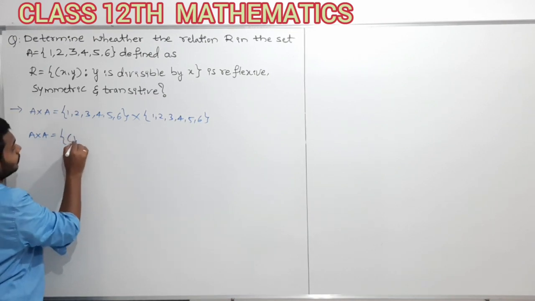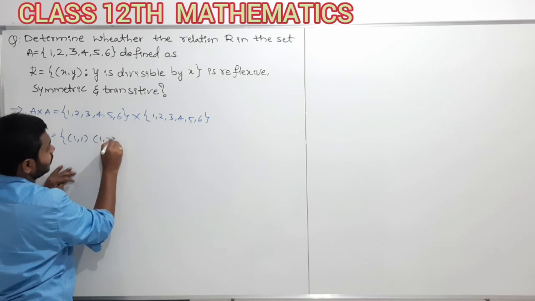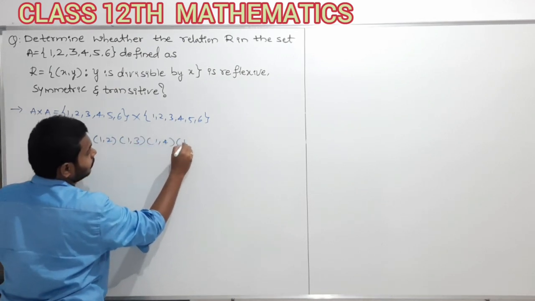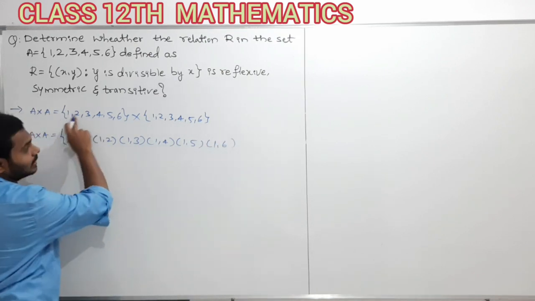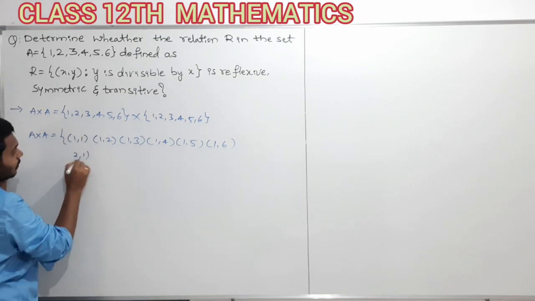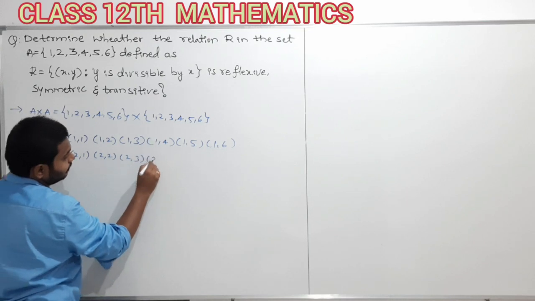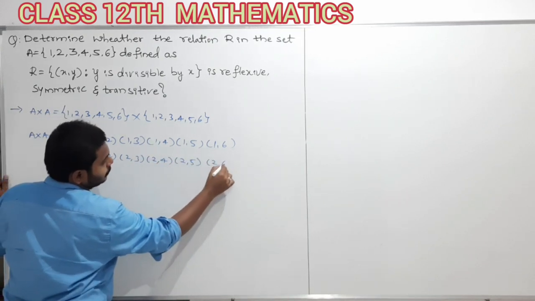So here it is 1, 1, my dear students. I'll take 1, 2, 1, 3, 1, 4, 1, 5, 1, 6. So with 1 I am taking all these elements. And next similarly I'll take 2, 1, 2, 2, 2, 3, 2, 4, 2, 5, 2, 6.